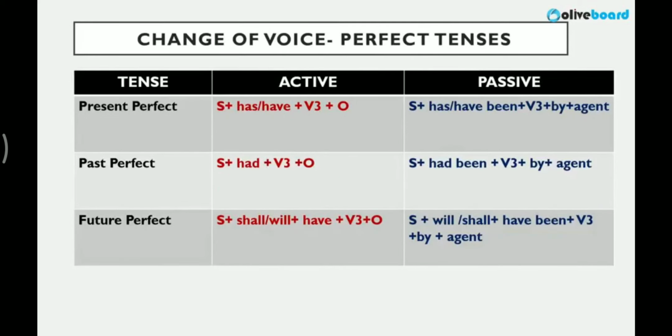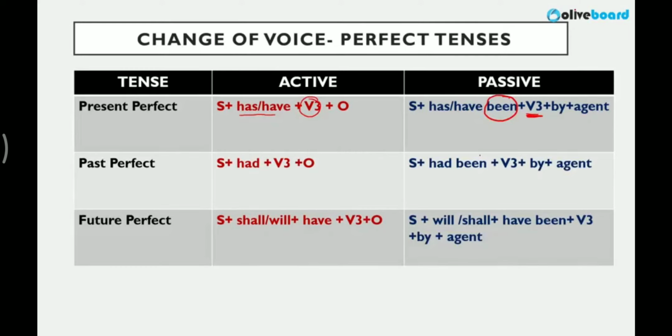Next, let's talk about the perfect tenses, right? How do you convert perfect tense statements into passive form? Okay. So we have present perfect, for which we use has, have plus V3. Now notice one thing. For continuous, we use being.